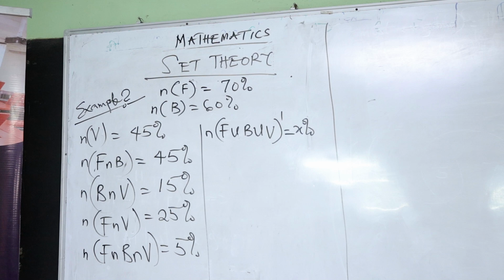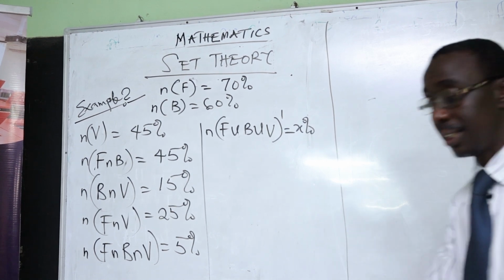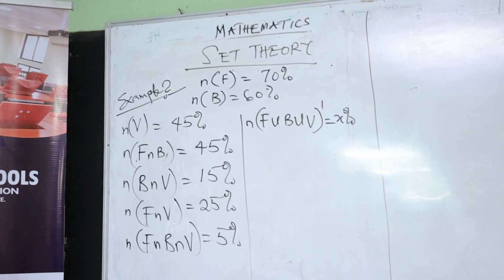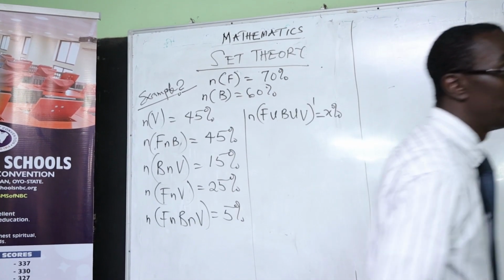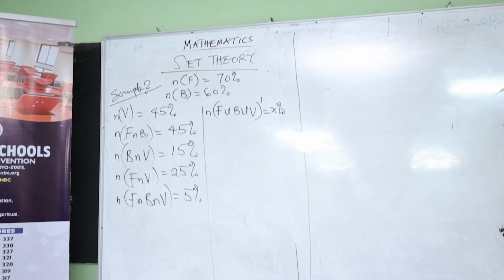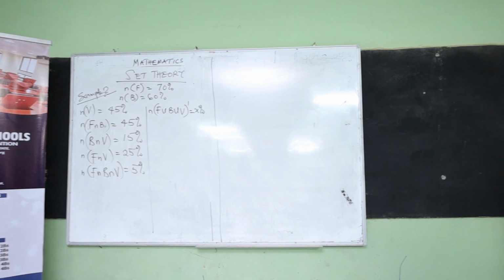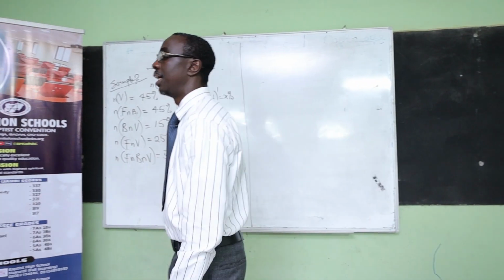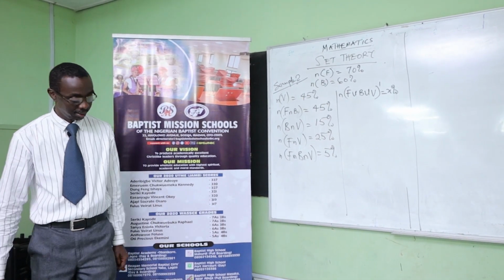If my universal set is numbers from 1 to 10, and a subset A of that universal set is 1, 2, 3.